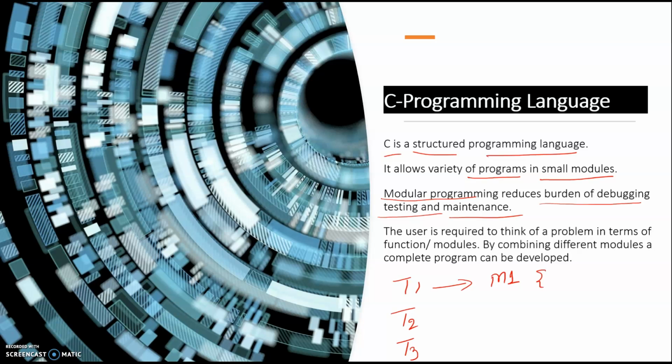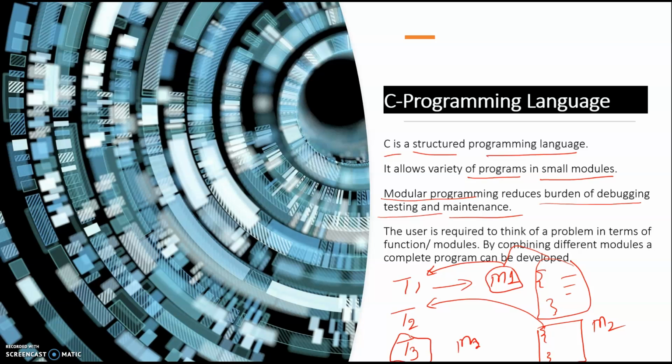You can make a block of code, which will be called module 1, and it will perform task T1. Similarly, you can create another module, M2, which will perform task T2. Similarly, you can create module M3 to perform task T3.